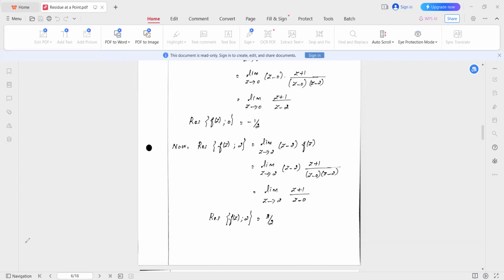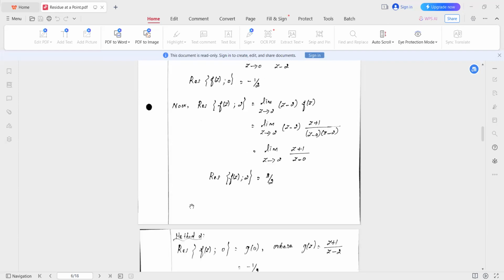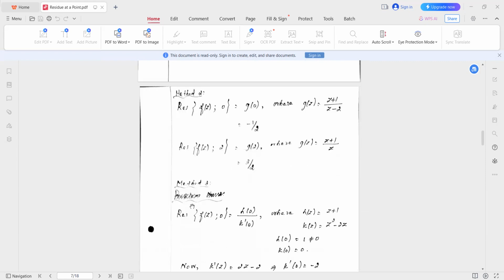So we have found the residue at the points 0 and 2 by using formula 1. Now we are going to apply the second formula. What is the second formula?